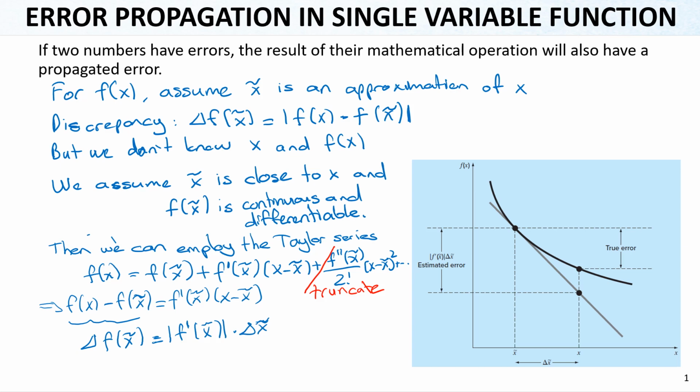And now we can say that this is the error estimate of the function f(x), because it's the discrepancy, and this delta is the error estimate of x, the inputs.